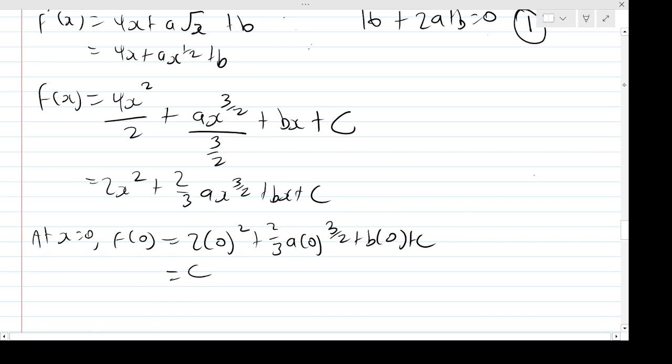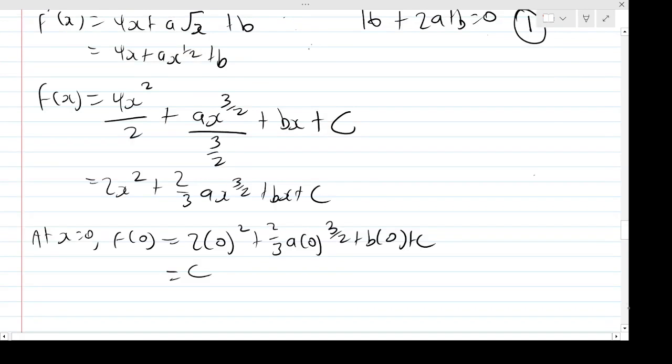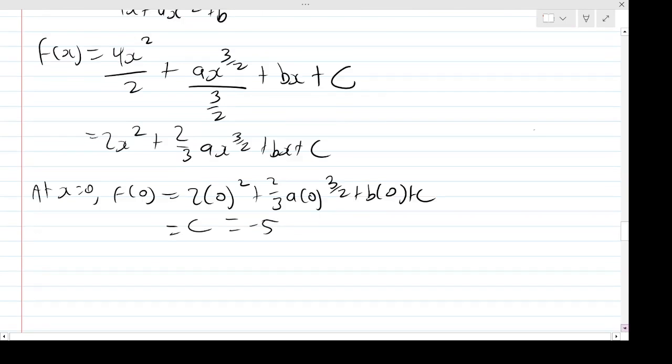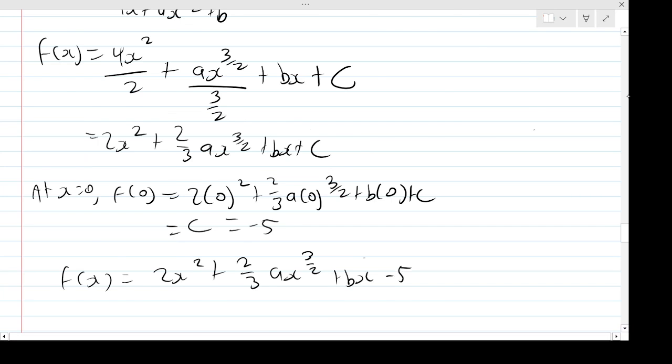I'm told the y-intercept is -5, so that has to equal -5. So c equals -5. Now we can update our function: f of x is 2x squared, add 2/3 ax to the 3 over 2, add bx, minus 5 for c.